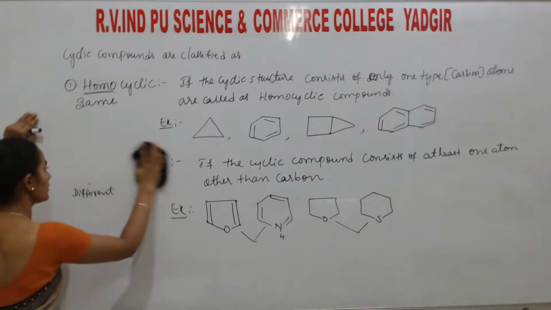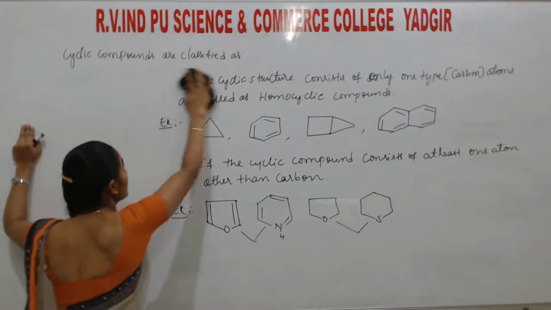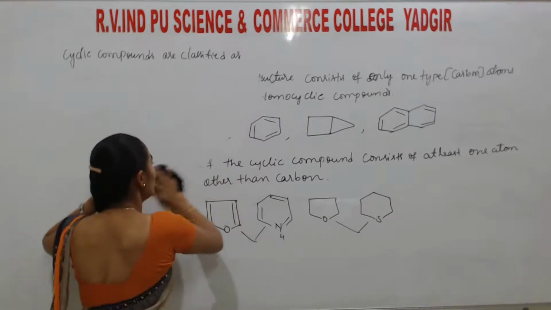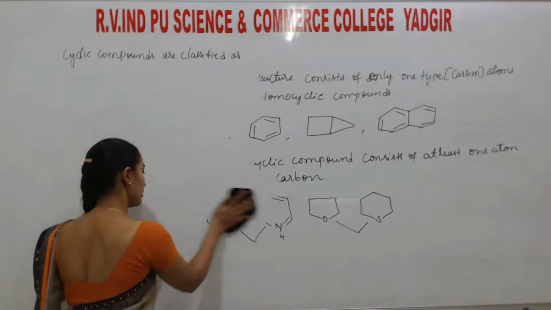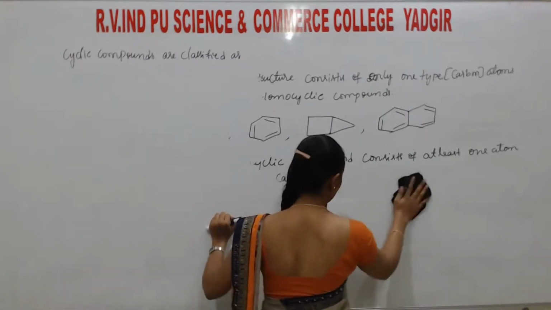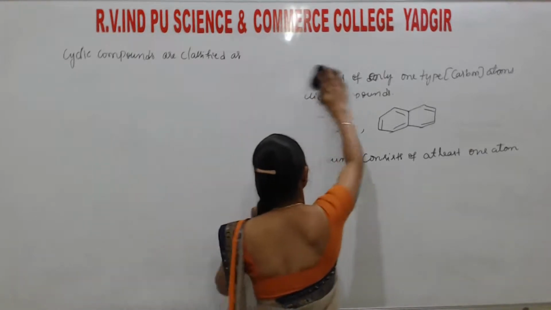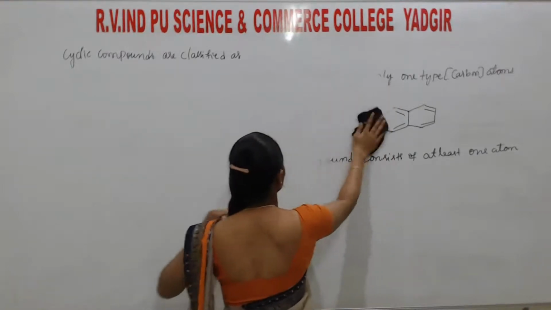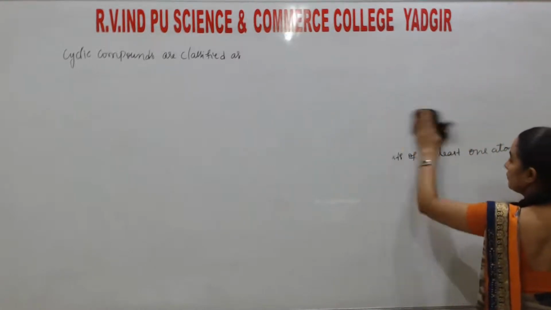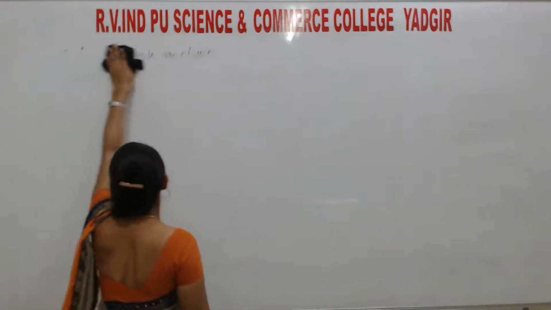Students, in homocyclic and heterocyclic compounds, especially aromatic compounds, they are classified as benzenoid and non-benzenoid compounds. This is all about cyclic.